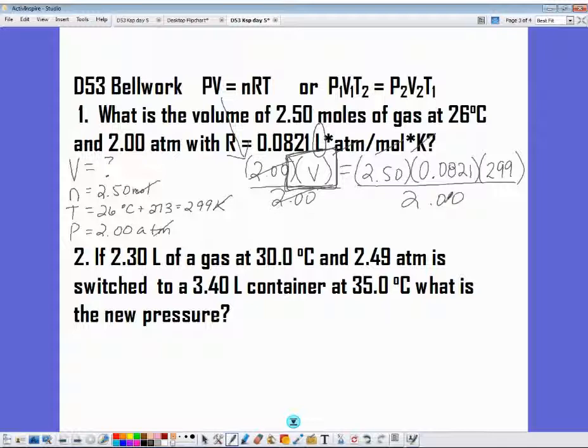So when I go in my calculator and I say 2.5 times 0.0821 times 299 divided by 2, I get a value of 30.7 liters. So I get V is equal to 30.7. I'm rounding it to 3 sig figs. And then I go up here and I say, what did I circle? I circled liters. And that is my final answer, 30.7 liters.